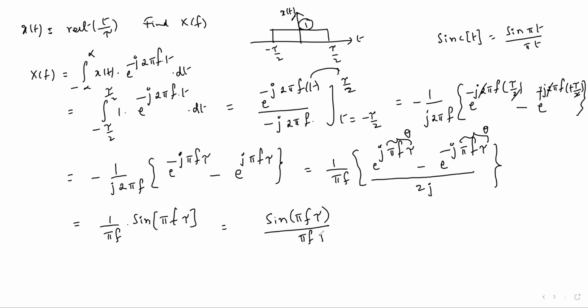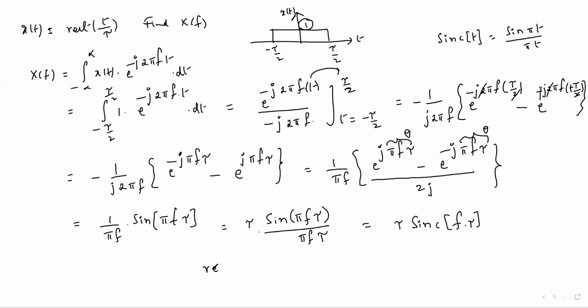So tau is lagging. Let us multiply and divide with tau here. So what can we write? Tau sinc f tau. So finally we got the Fourier transform of rectangular function in X of f format, tau sinc f tau.